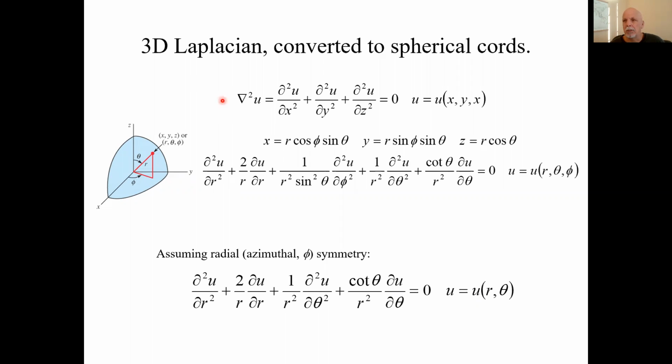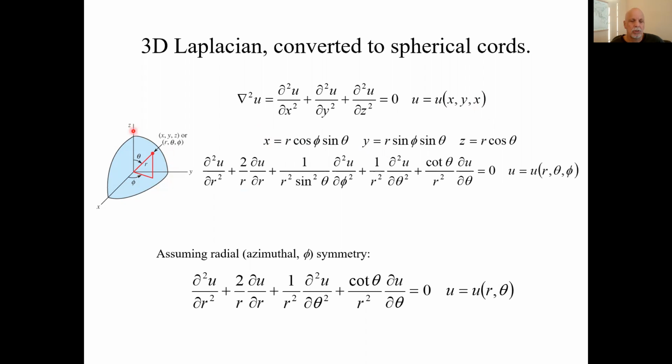This is the three-dimensional Laplacian in rectangular coordinates. Your function would be a function of x, y, and z, or it should be a z there. x, y, and z in rectangular coordinates. And if you go through these substitutions, these are spherical coordinates.